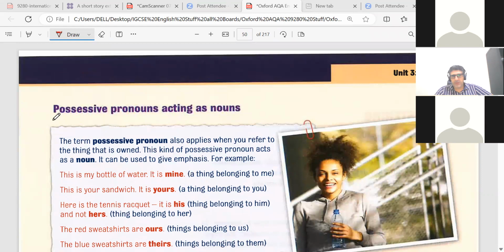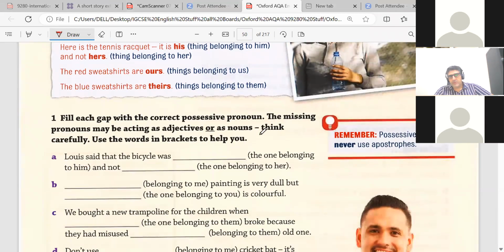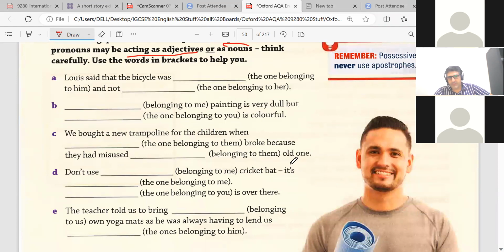Here you can use pronouns acting as adjectives or as nouns. You can say my or mine, your or yours. Clear? Is it clear? Yes. Go ahead, you have 2 minutes.